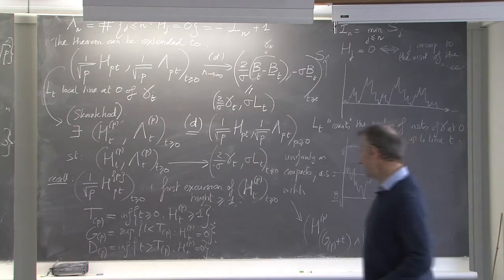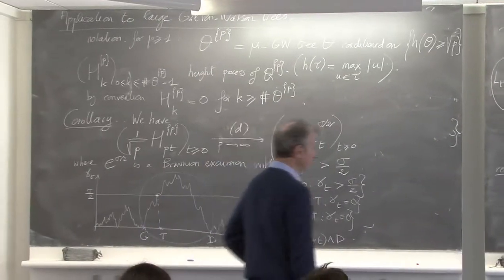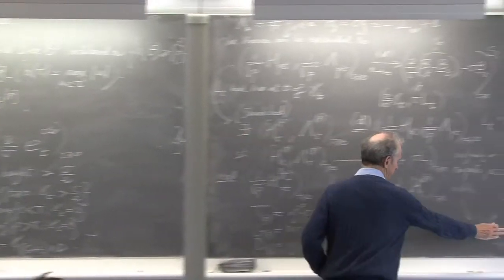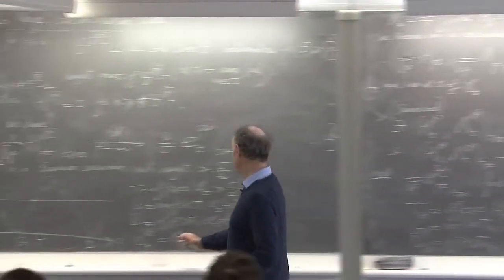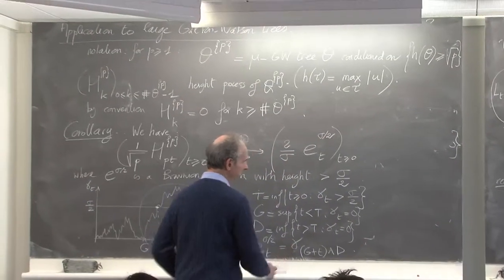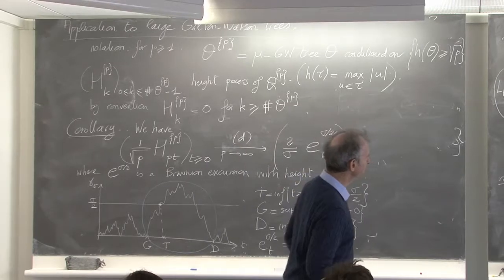Now it becomes maybe a little bit easier. What you have to prove is that this quantity is going to converge to this quantity multiplied by 2 over sigma.